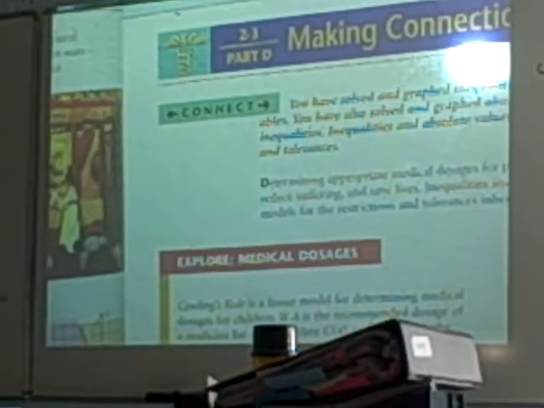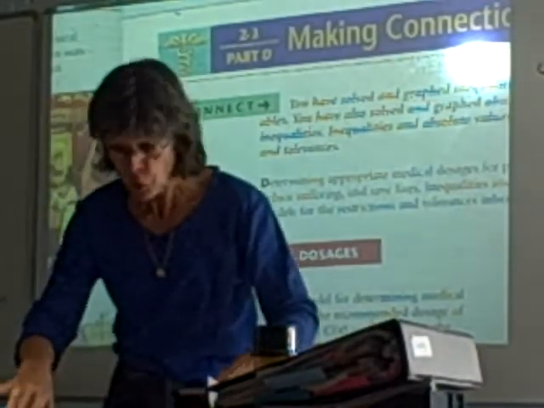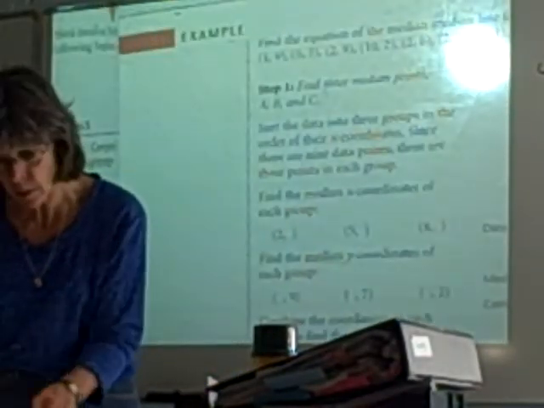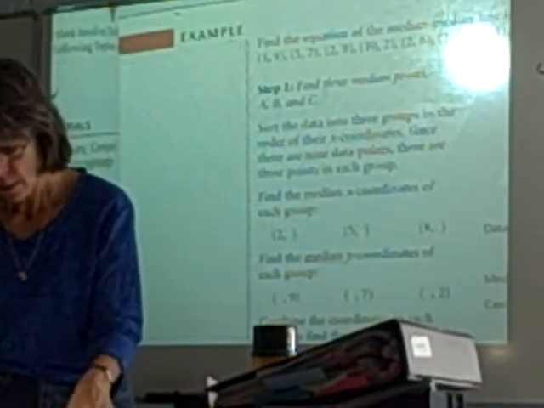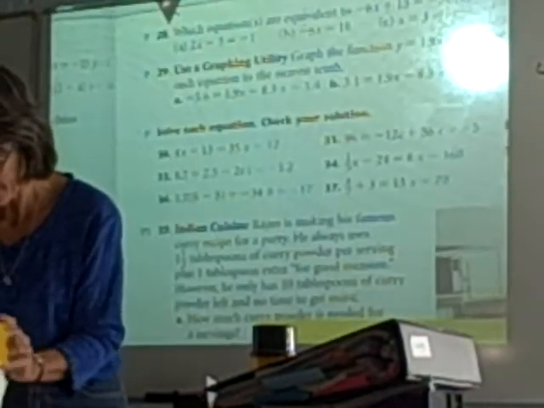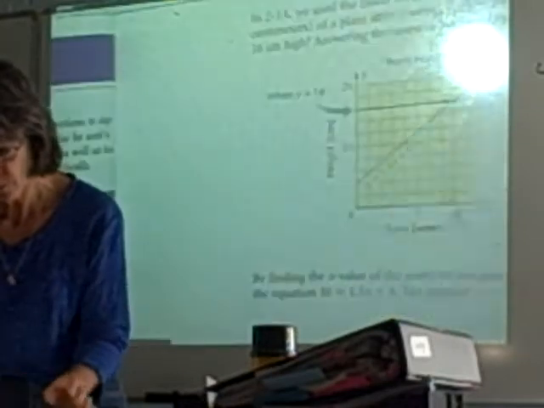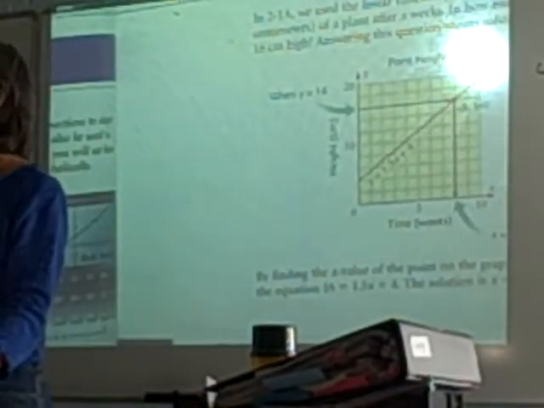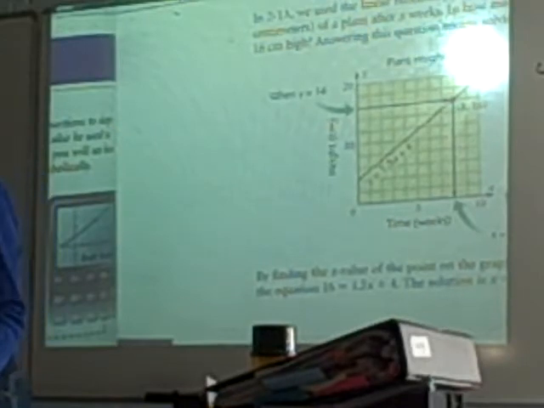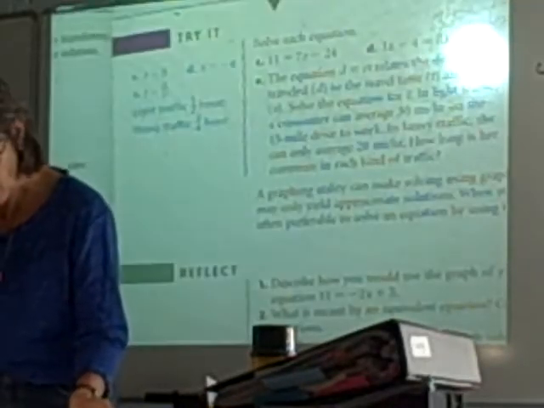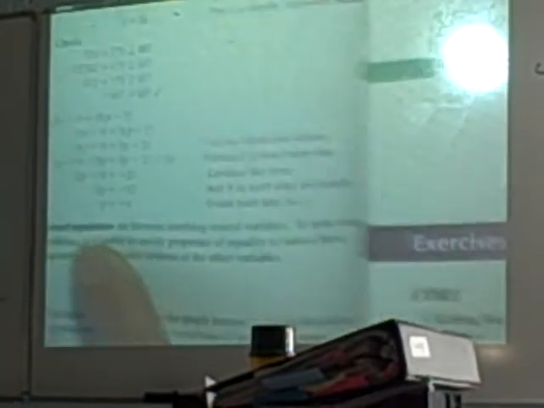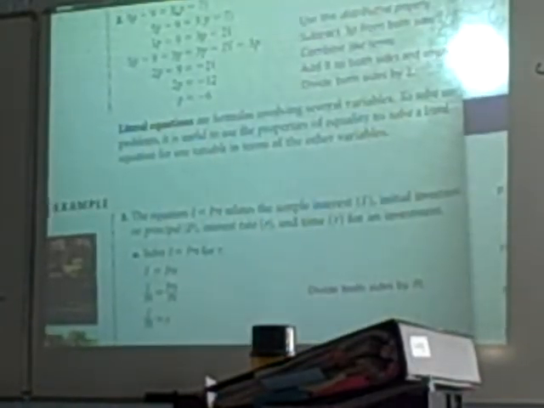A third way would be to start at the beginning of the chapter, and this is on page 121. Solving equations and addition property of equality. Oh yeah, I know what that means. And then you just start going through it and say, oh yeah, literal equations. Now why did I pick out literal equations?